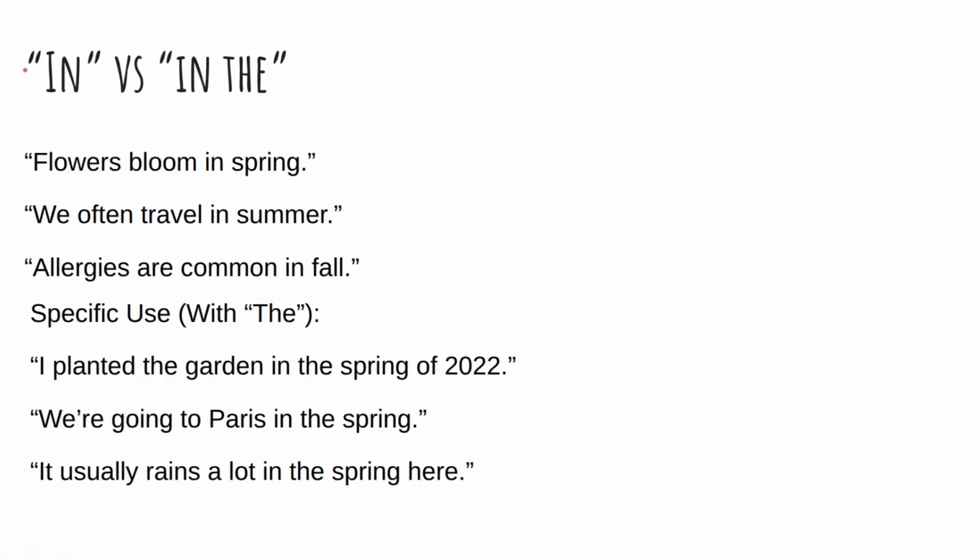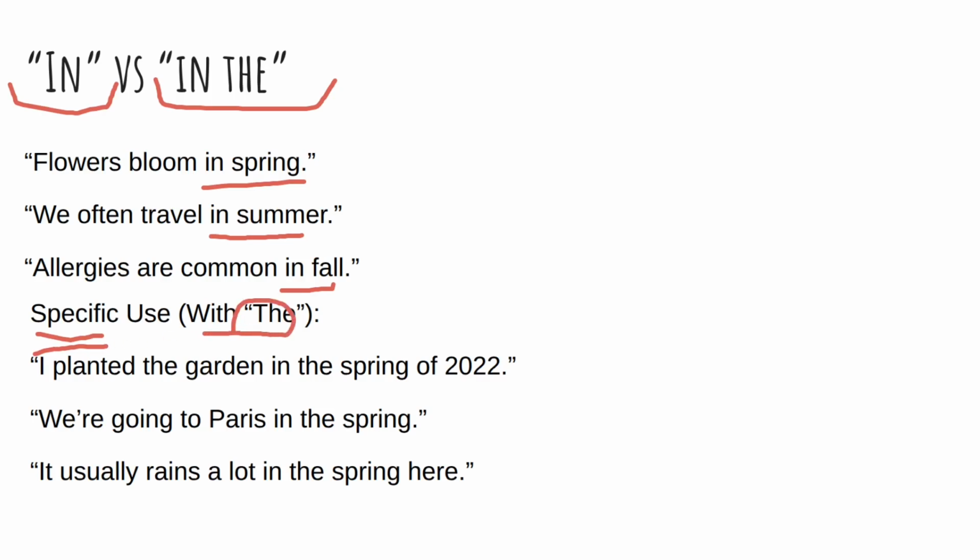Seasons, general versus specific. We use zero article when referring to seasons generally and the when referring to a particular season. General use, zero article. Flowers bloom in spring. We often travel in summer. Allergies are common in fall.